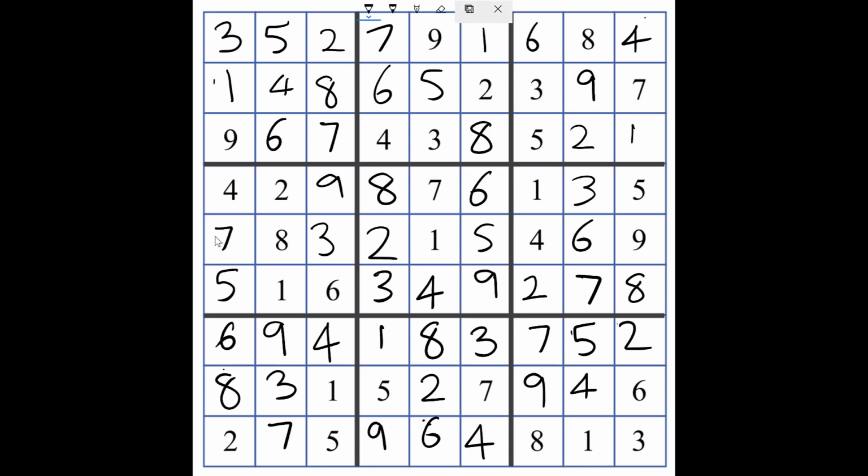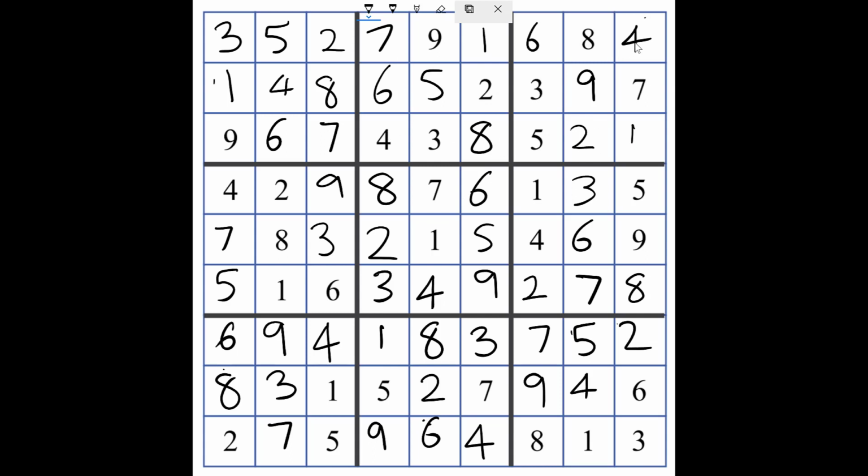So the last thing you need to do is check each grid. So you need to check 1, 2, 3, 4, 5, 6, 7, 8, 9, and go through each grid, just double checking that you have not repeated any digits. One, 2, 3, 4, 5, 6, 7, 8, 9.